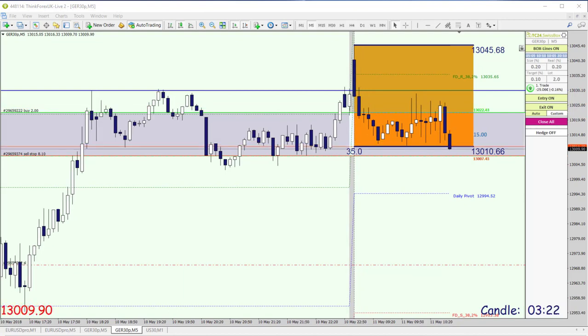So DAX at 13,009 points. Very unfortunately, we missed the take profit on the top side, and now it's looking like a change of direction. However, we are still in the first trade.